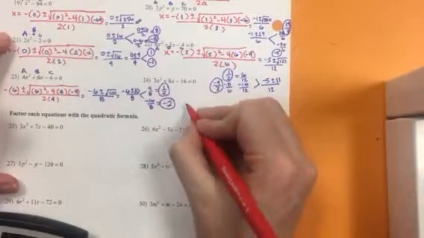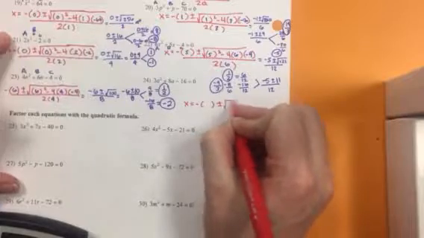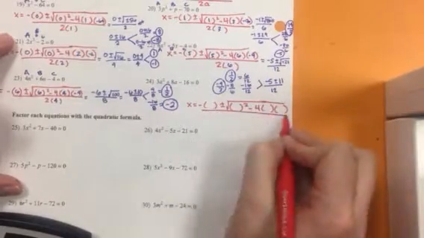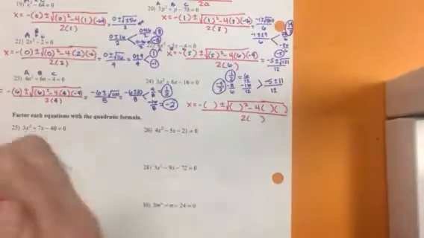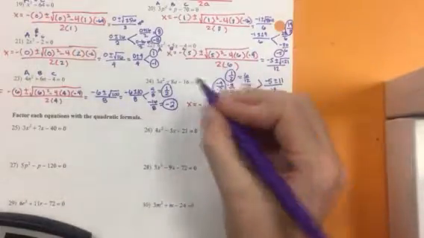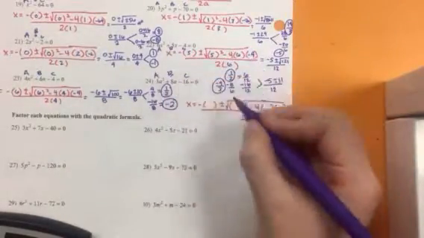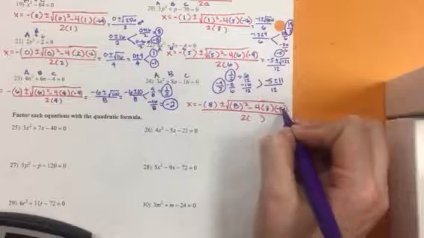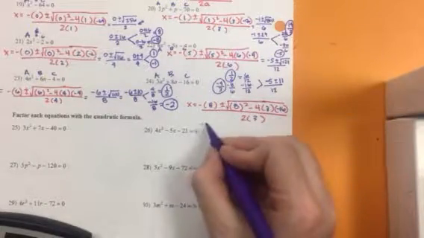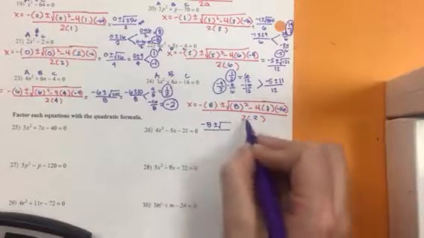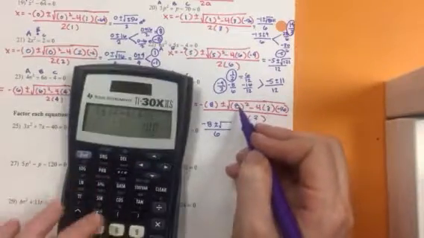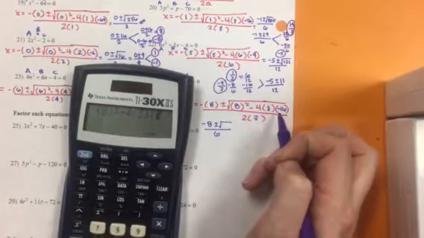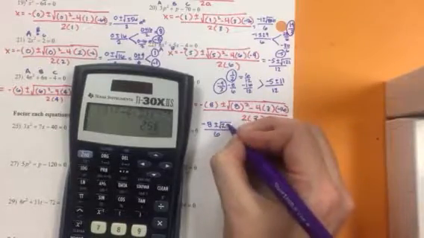Last one, 24. x equals negative b plus or minus the square root of b squared minus 4ac, all over 2a. Plug them in, and we get a, b, c. The b's go first. 4ac all over 2a. Negative 8 plus or minus the square root, over 6. Enter in the radical, so 8 squared minus 4 times 3 times negative 16 is 256.